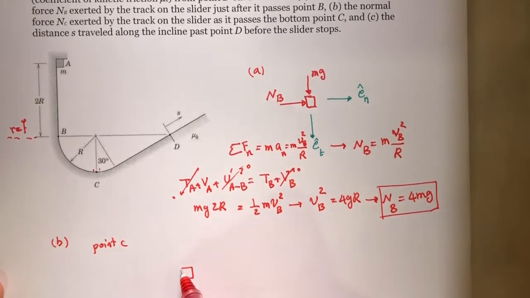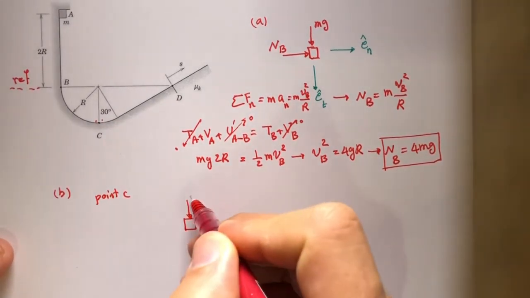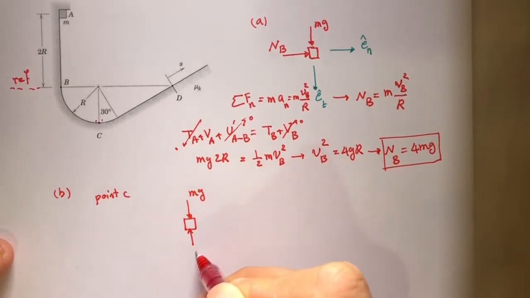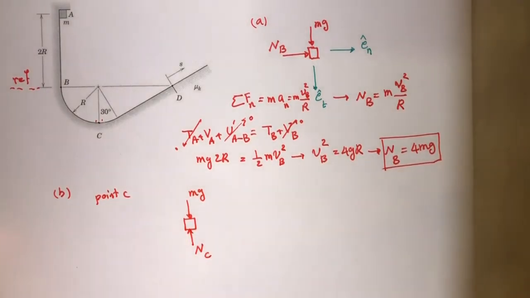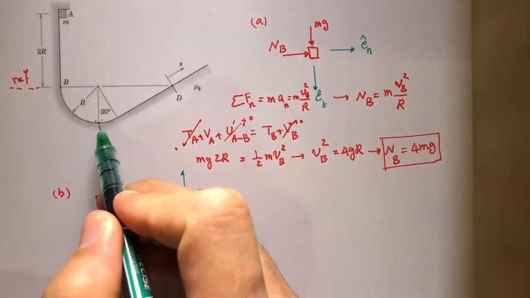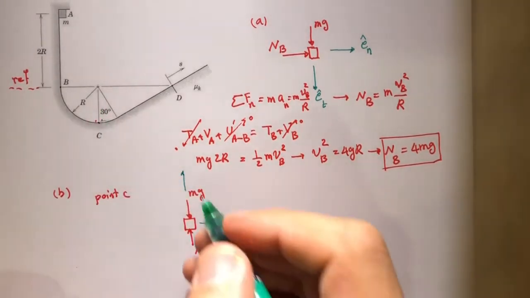Let's draw the free body diagram. We have gravitational force, and also we have reaction force from the ground. Again, I'm going to use tangential and normal coordinate. At this point, this is going to be my tangential direction, and toward the center is going to be the normal direction.